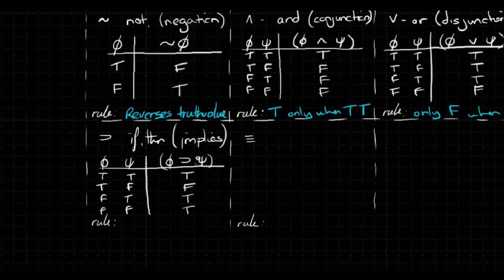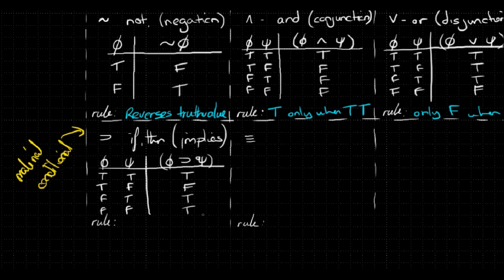So this is the material conditional. Maybe I should put that there as well. Material conditional. And that's just the way that this symbol operates in PL. So whether we think that maybe that's a bit odd, that if we say if phi then psi and they're both false, maybe we think that should be false. The way that the material conditional operates is in this way. This is what we're doing.